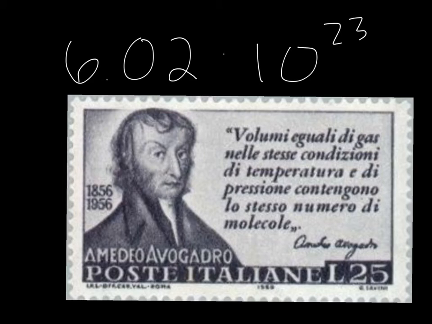That's the way things work. Well, no. Actually, Avogadro's number was first determined by a student of Avogadro. He just liked his teacher so much that he named his discovery after his teacher.